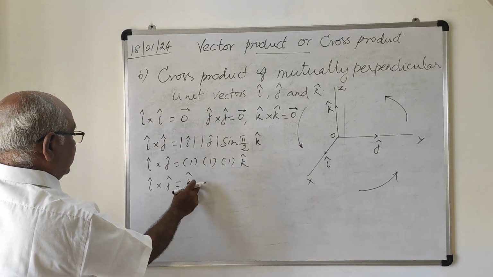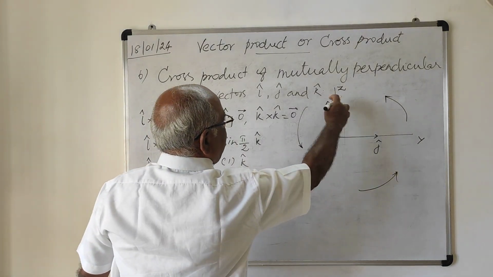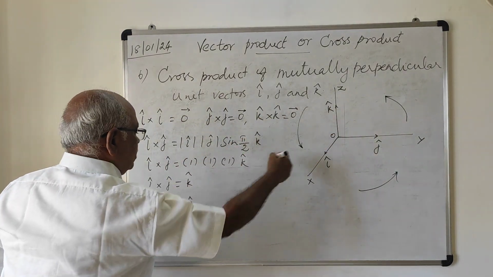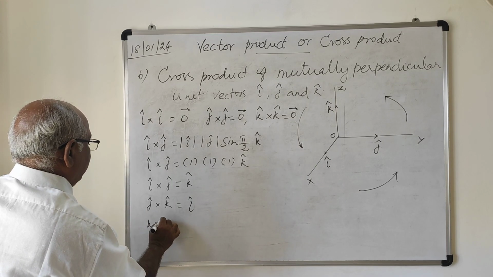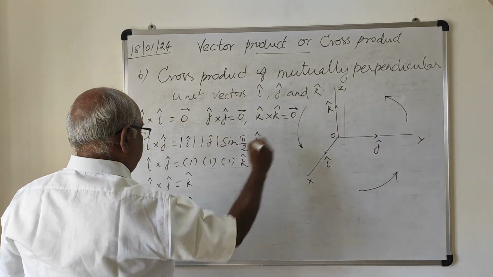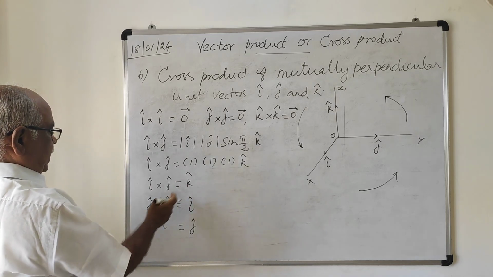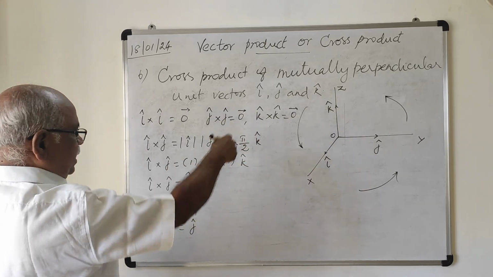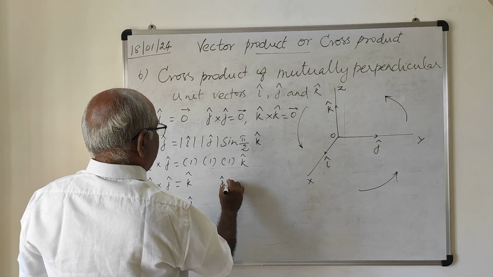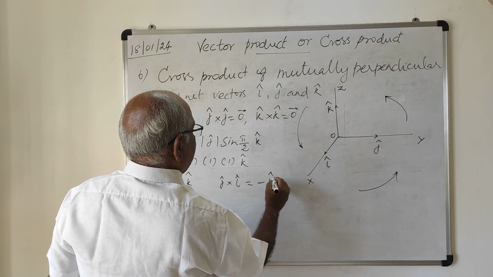Similarly, i cross j is k, j cross k is i. Similarly, k cross i, cyclically, in the anti-clockwise direction, k cross i is j. This is our idea: i cross j is k, j cross k is i, k cross i is j. The reverse, j cross i, is in the reverse direction, so it is minus k.